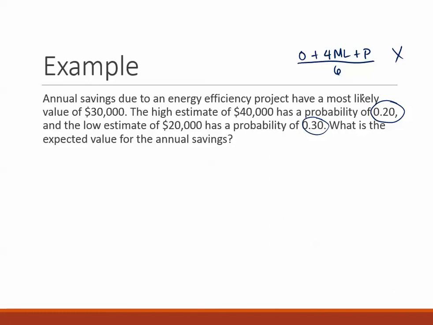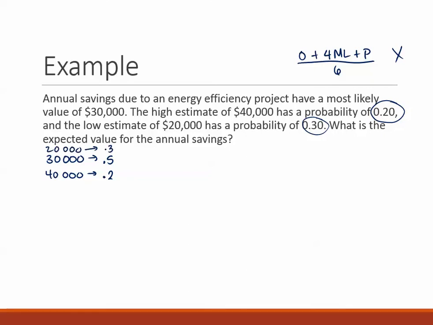What does that mean? Well, it means that the most likely value, for which I wasn't given a probability, must have a probability equal to 0.5. So for the 30,000, it's going to be 0.5. For the 40,000, it's going to be 0.2. And for the 20,000, it's going to be 0.3.